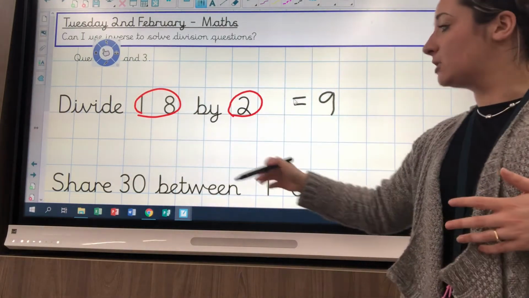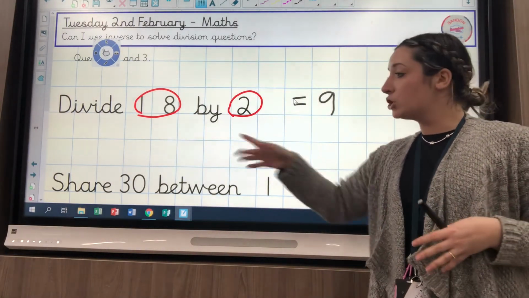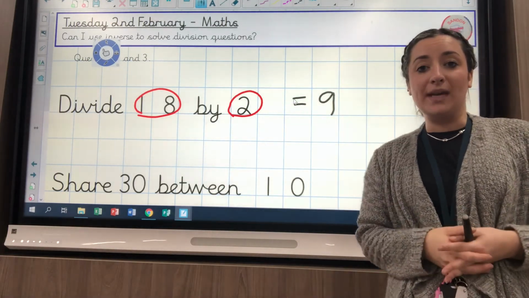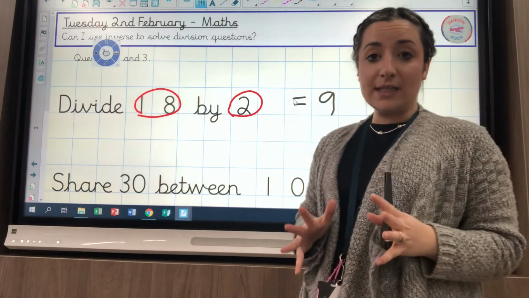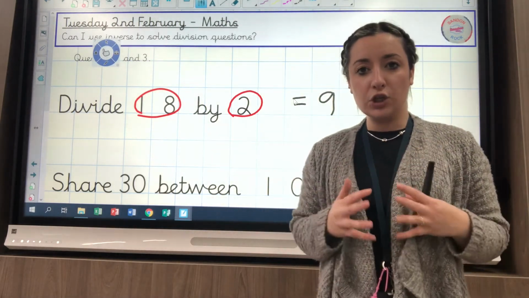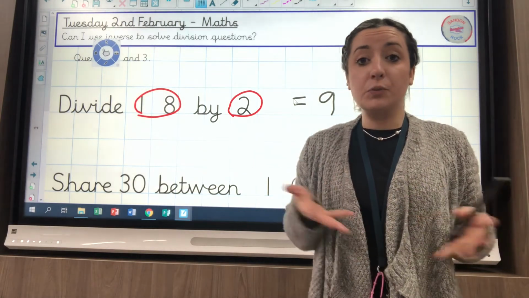Let's have a go at this one on the board. So we've got a different sort of vocabulary now. We've got to share. And it says share 30 between 10. Now I'm not going to use the interactive multiplication chart this time because we're quite secure with our 10 times tables, aren't we? So how many 10s would go into 30?